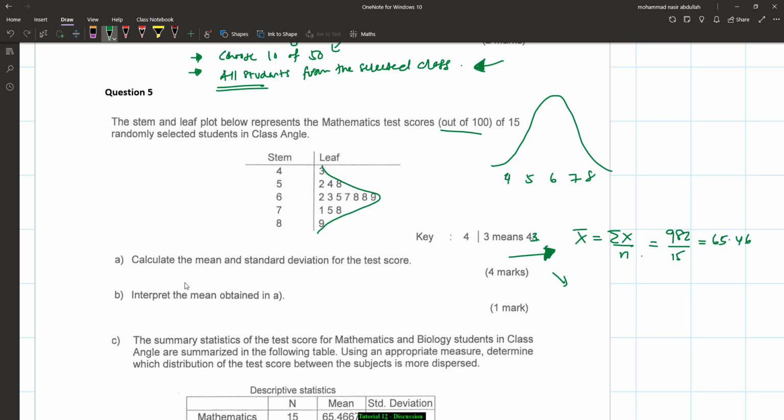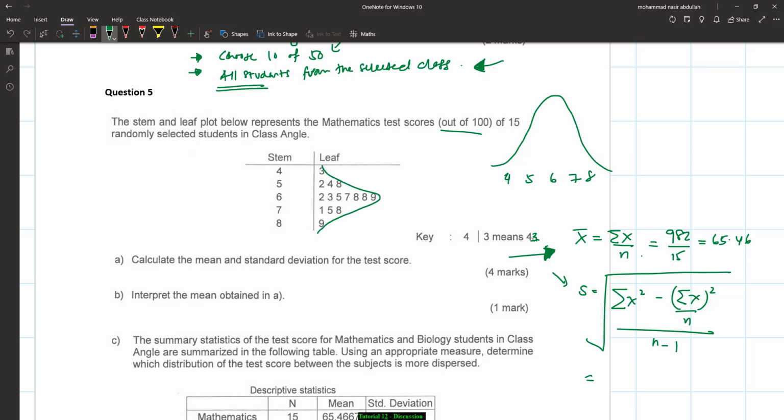And standard deviation, square root, don't forget the square root, x square minus summation of x, and then you square divided by n, everything divided by n minus 1, and make sure the square root covers all the formula.